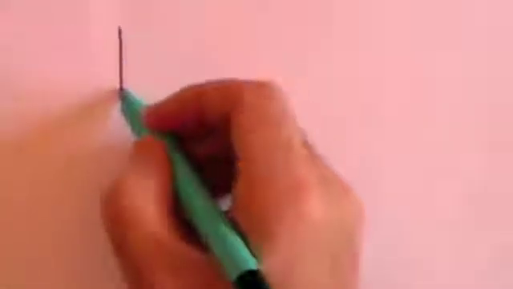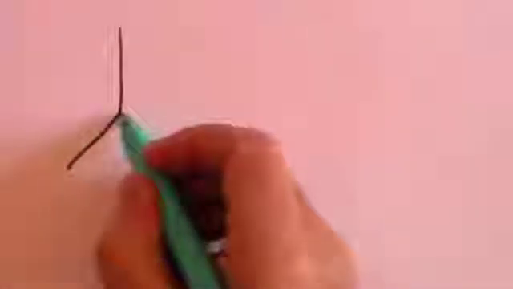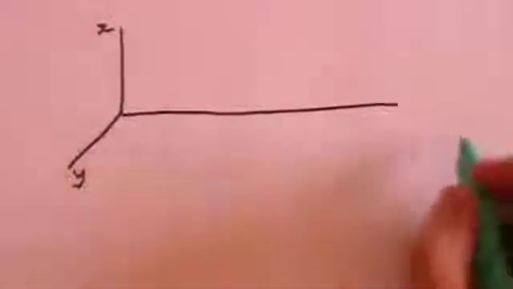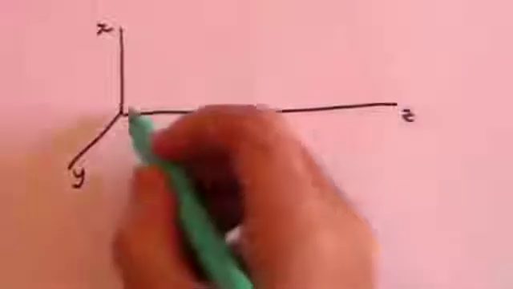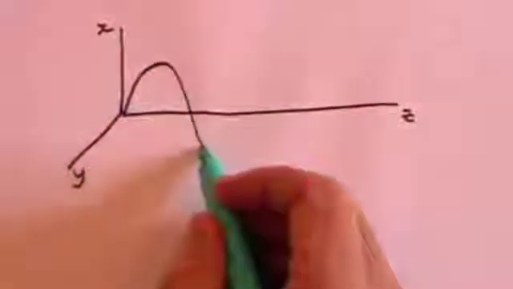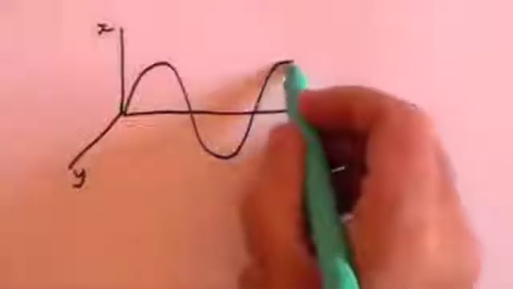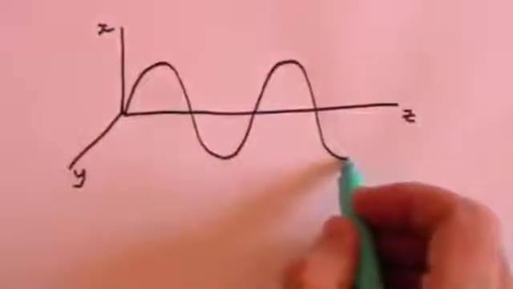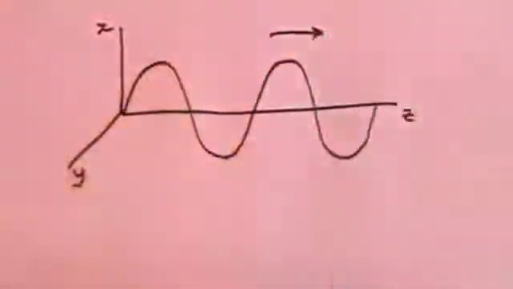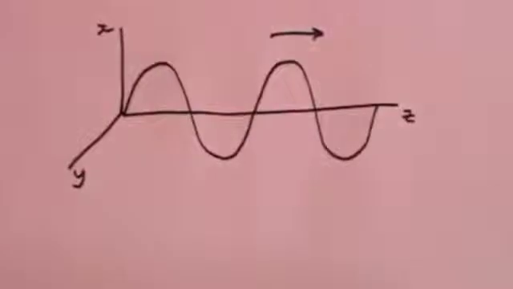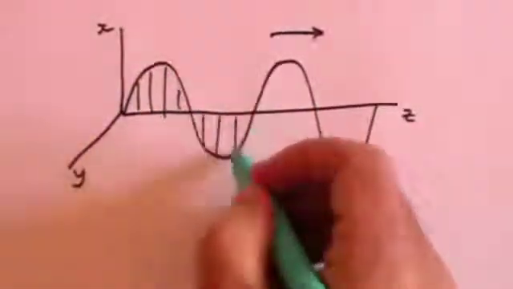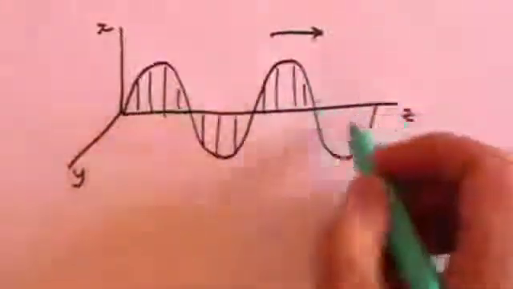Let's take 3 dimensions. This is the x dimension, this is the y dimension, and this is the z dimension. And we're going to have a wave which oscillates in the x direction and travels in the z direction. So this wave is travelling in this direction along the z-axis, but it is oscillating in the x component.